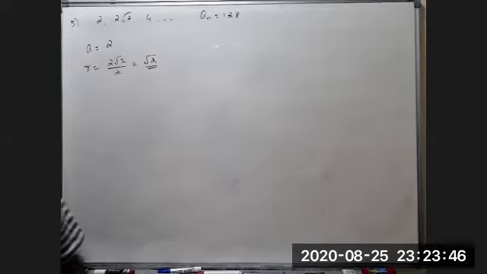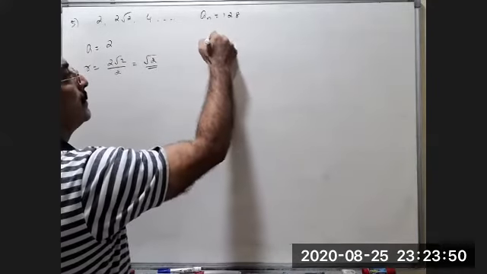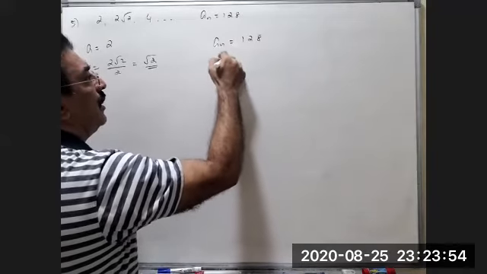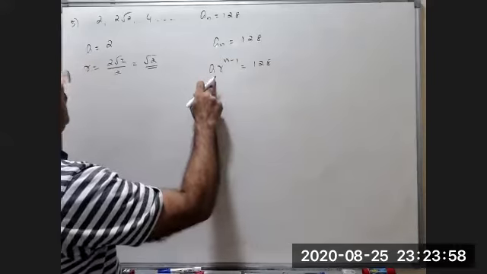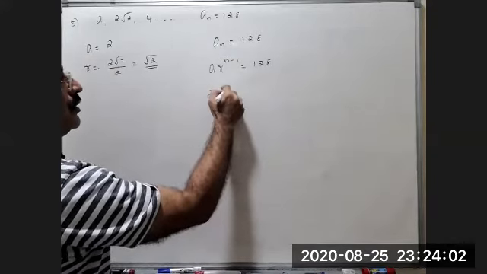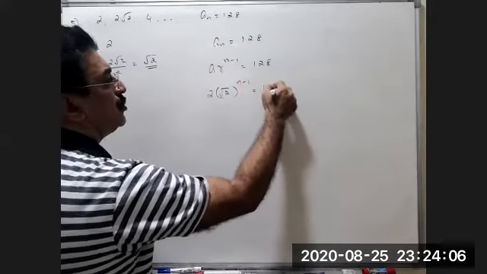We have A and R. 128 means A R raised to n minus 1 is 128. A is 2, R is root 2. Root 2 raised to n minus 1 is 128.